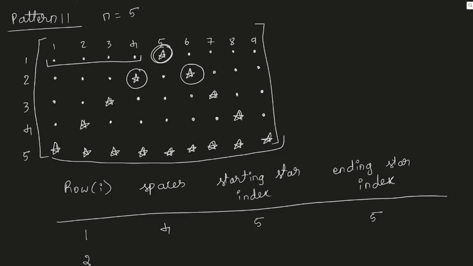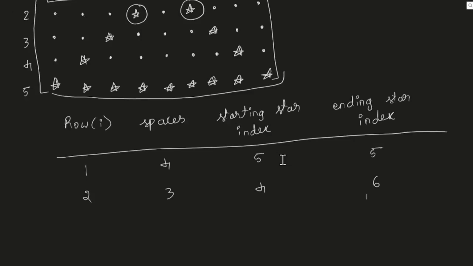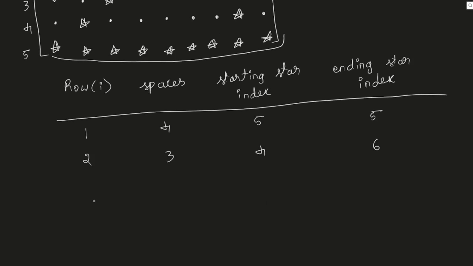For row 2, 3 spaces, 4, 6. For row 3, 2 spaces, third index and then 7th index. For row 4, 1 space, second index and then 8th index.